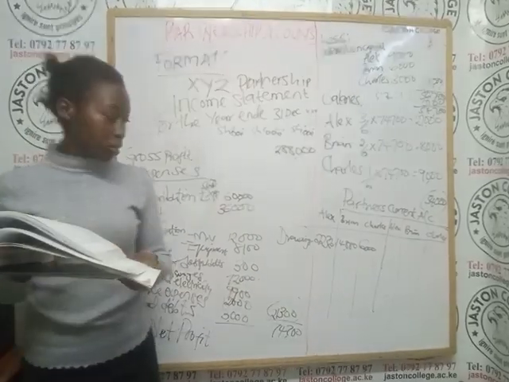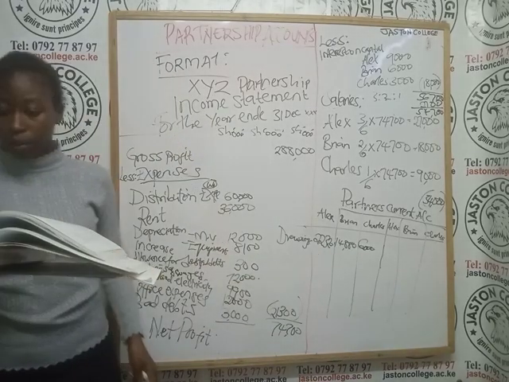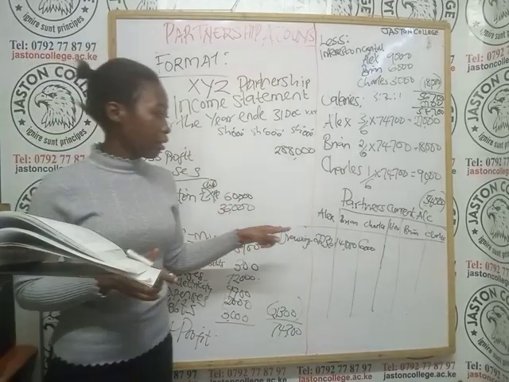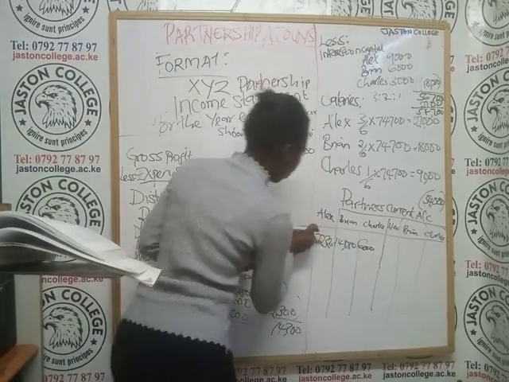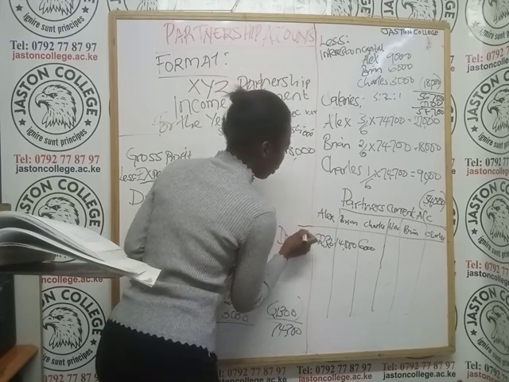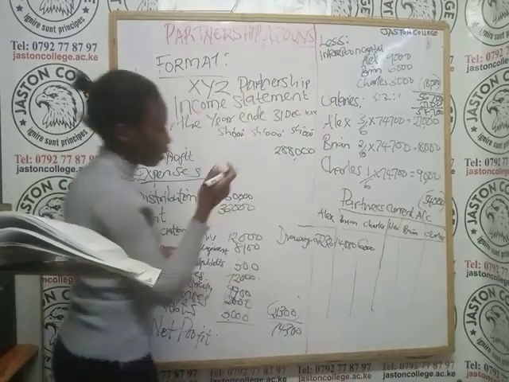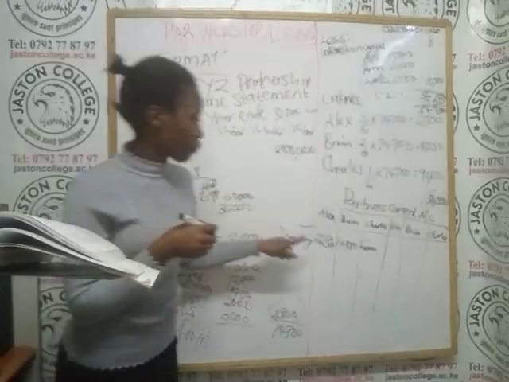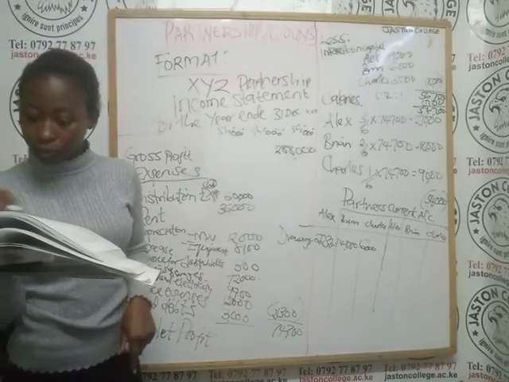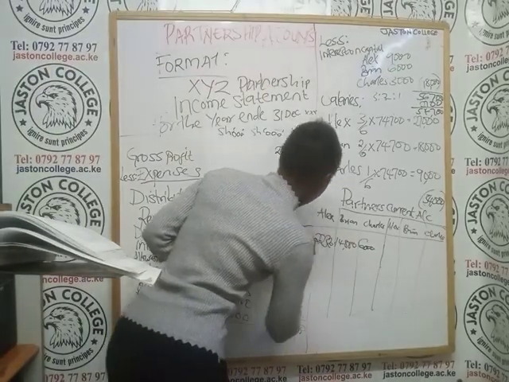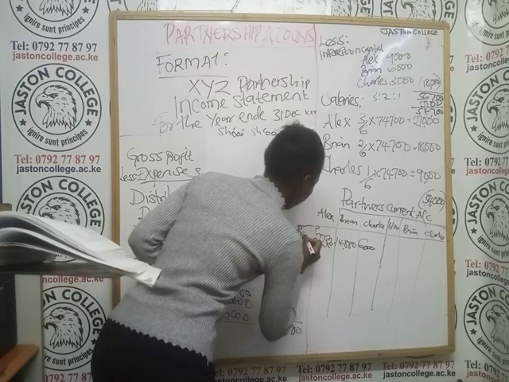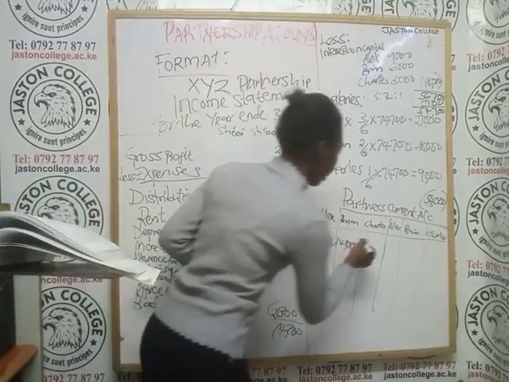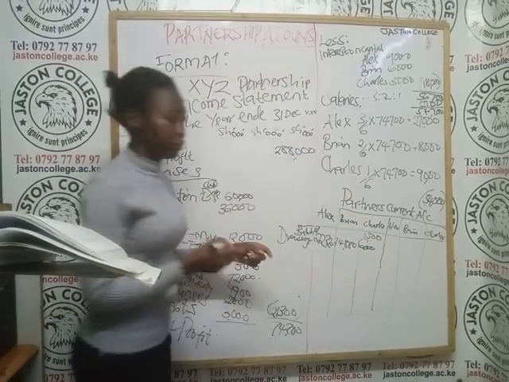Drawings, 6,000 for Charles. We also have balance brought down for Charles. That is money that Charles took from the business, but he had not paid it back in that year. Balance brought down. We have 1,500 right here.